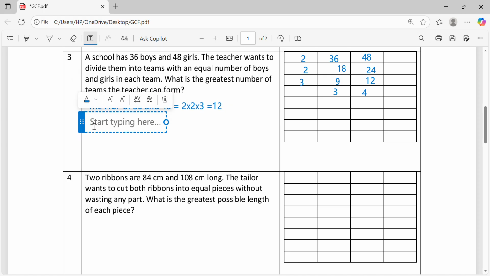Some people can choose to write it in index form, 2 power 2 times 3, but it still results in the same number. It always gives 12. Whether you say 2 times 2 times 3 equals 12, or 2 power 2 times 3, it still gives 12.